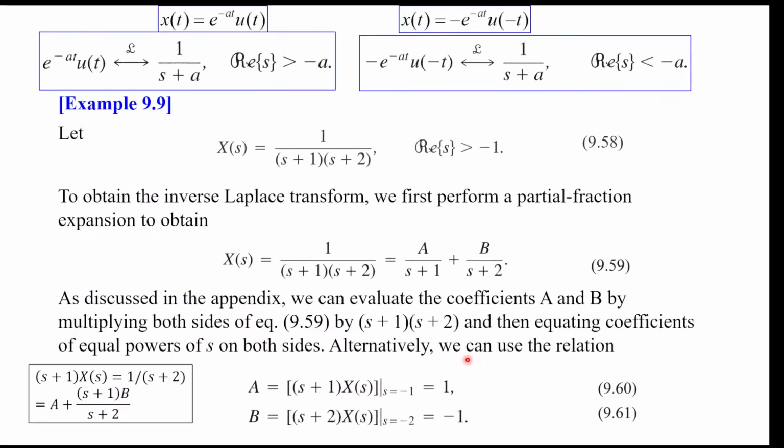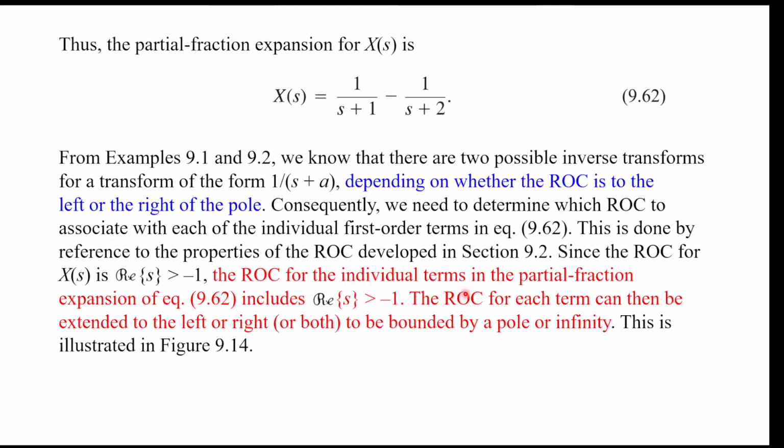From this, we see several examples. We have this example with three different ROC choices. We have X of S equal to 1 over S plus 1 times S plus 2, with a partial fraction expansion into 1 over S plus 1 minus 1 over S plus 2.